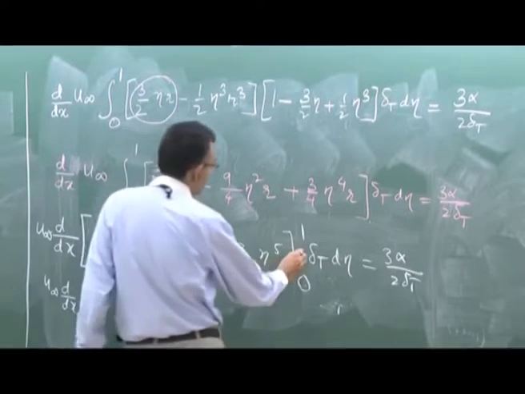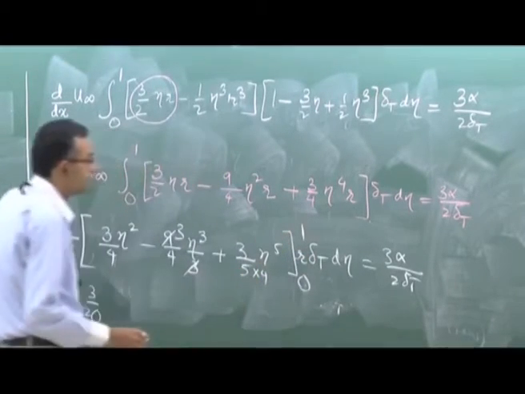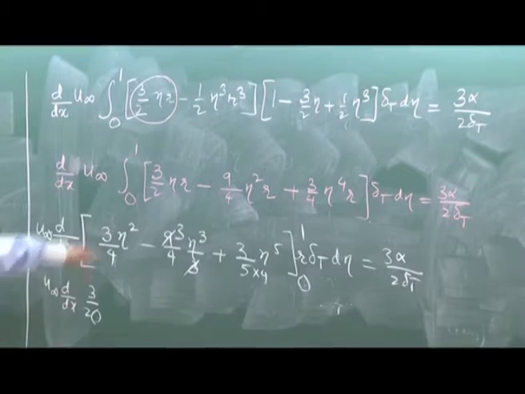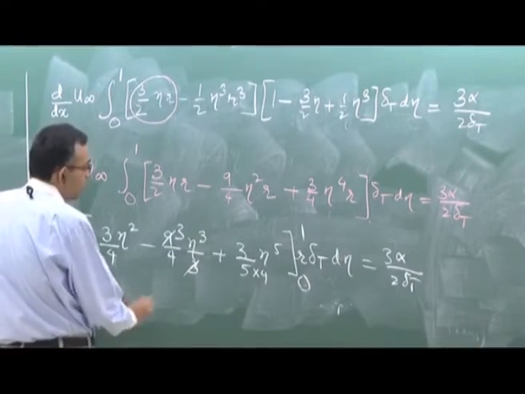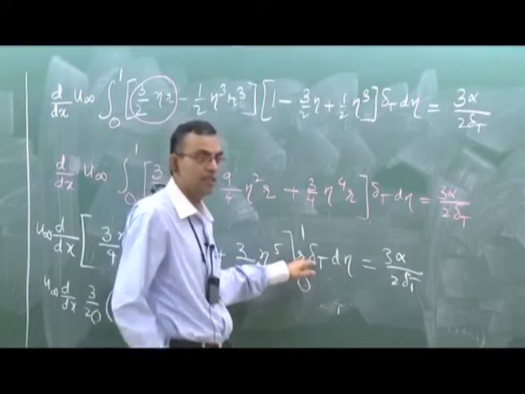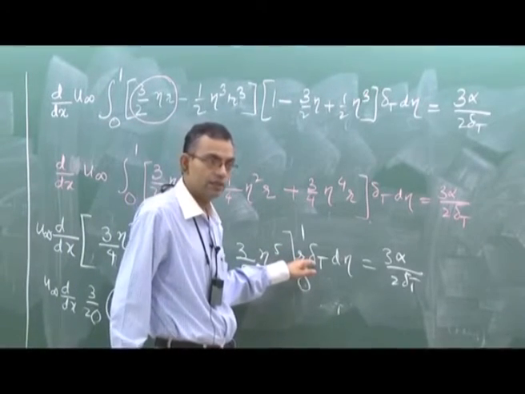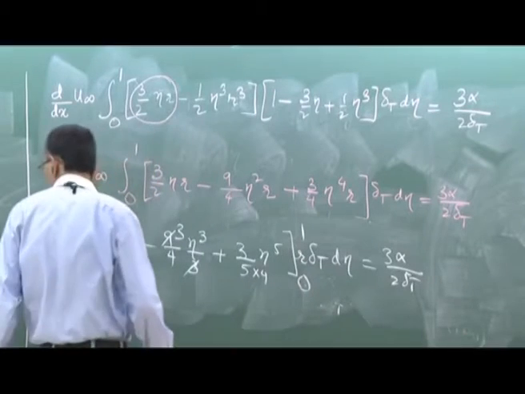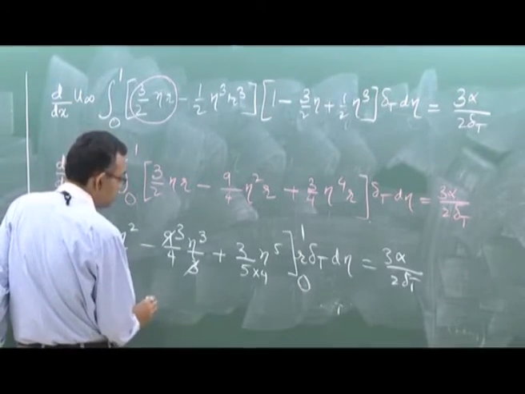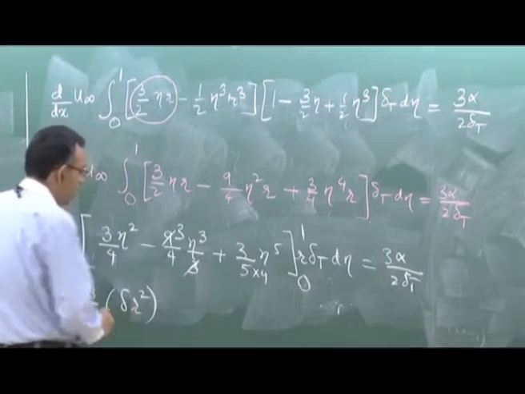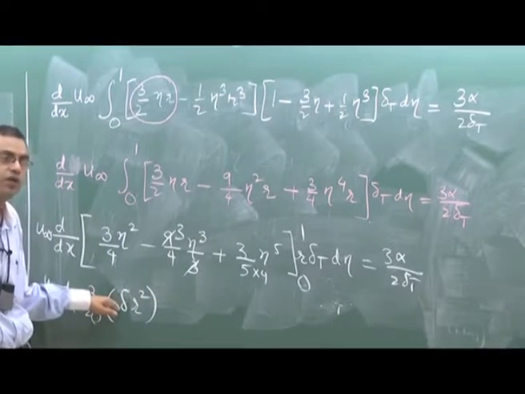There is one R, right? So R into delta T. So 3 by 20. In place of delta T we can write delta into R, right? So delta R square. Why we are writing this is because delta we already know.